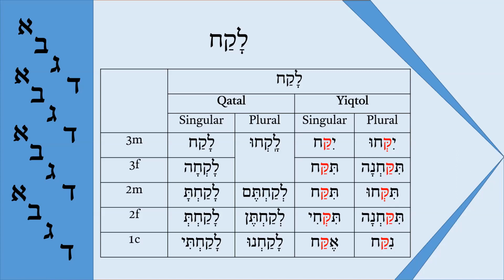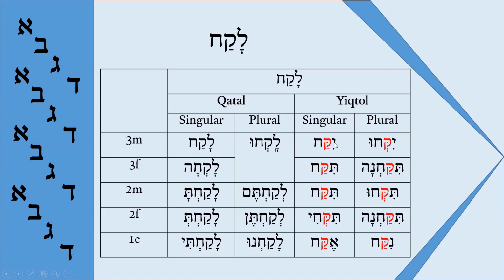Okay. So the verb lakach. Is it clear how the conjugation is formed? I do not ask you to memorize it, but you need to understand the principle. The lamed is hidden in the kof, and this dagesh forte indicates that it is not one letter, but two letters.